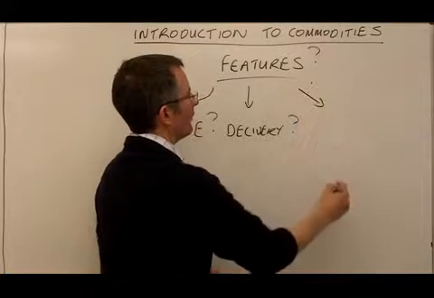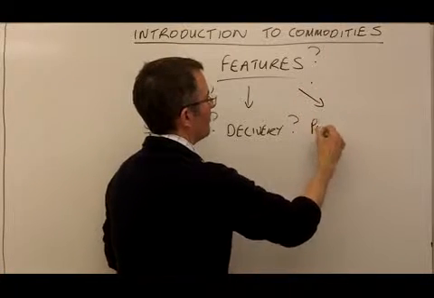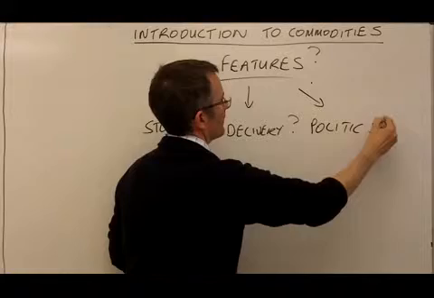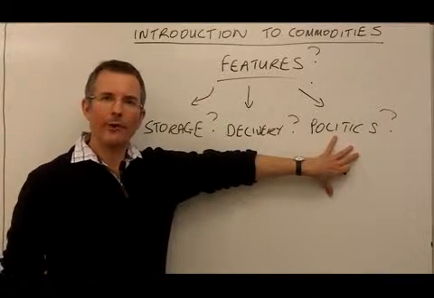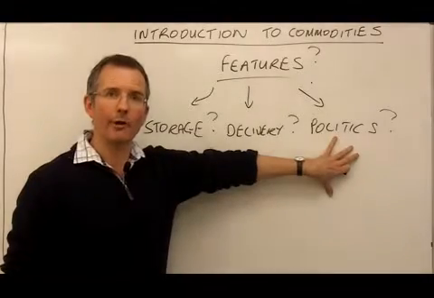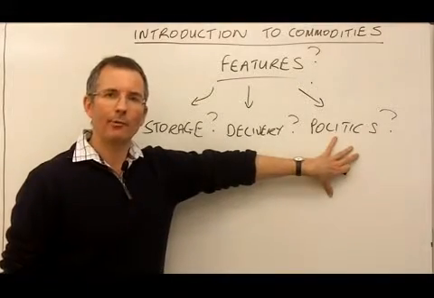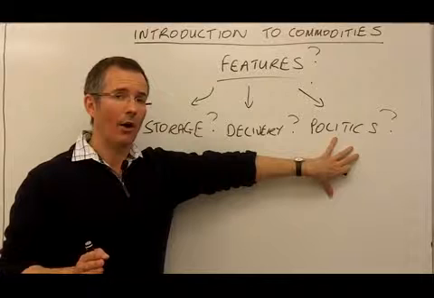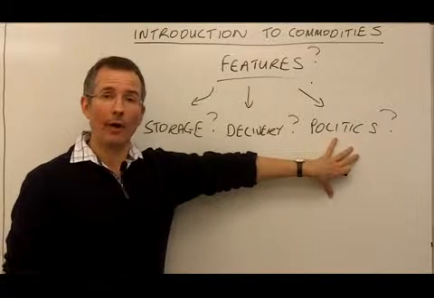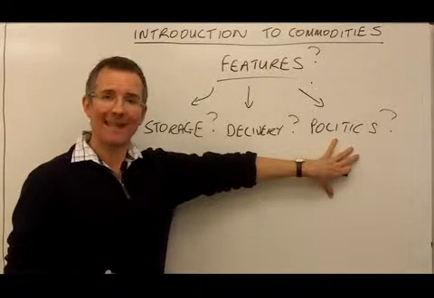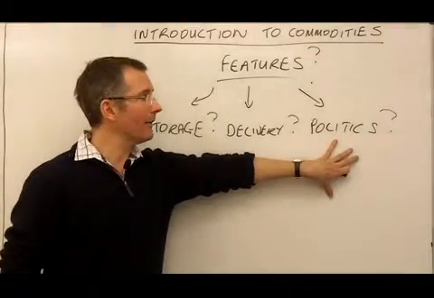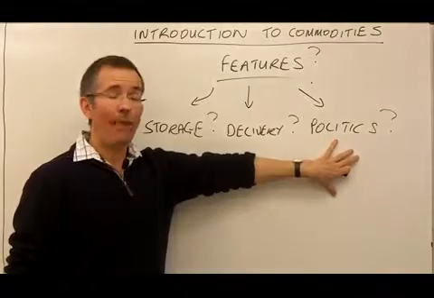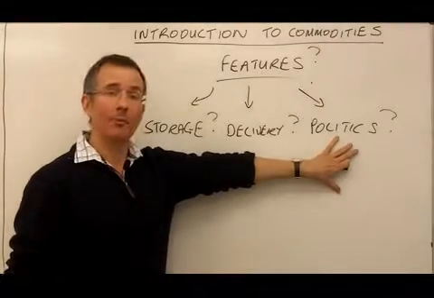Next, of course, we've got politics. Commodities are volatile. One of the reasons is this: if you look at what's happening on the Ivory Coast at the moment, the Ivory Coast is responsible for around 40% of chocolate exports worldwide. So what happens there matters because it affects the supply of cocoa that goes into chocolate, and therefore, apart from the weather being an obvious factor, politics is a problem too.